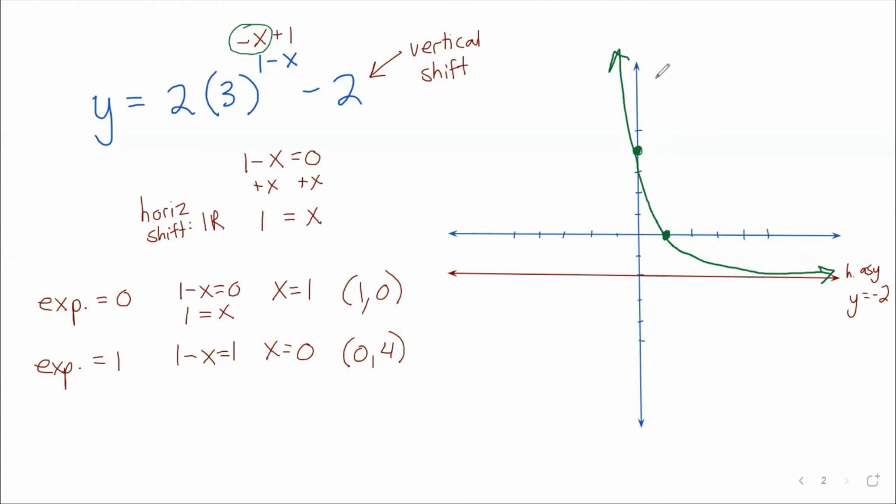So those are kind of the basics of graphing exponential functions. We have our general format that we looked at earlier. And we know that if we're just graphing something like this, what we're really looking for is where the exponent equals 0 and the exponent equals 1. And then on a question like this, where the exponent's a little bit more complex, we are still looking for where the exponent equals 0 and where the exponent equals 1.